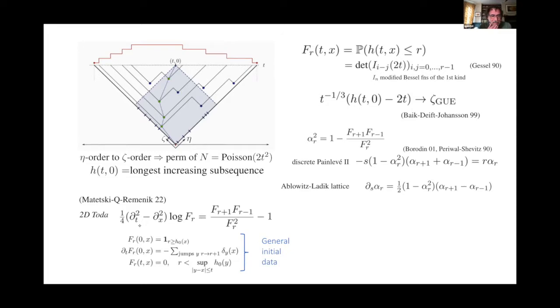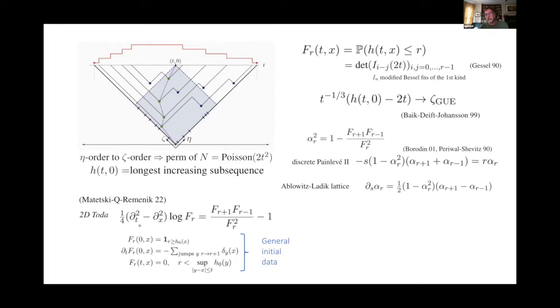Maybe I won't talk too much about the boundary conditions, except to note the obvious thing in the last line, which is that the deterministic part of the dynamics takes your initial function, forgetting about all the creations, into the sup over an interval of the initial function, clearly. And so for r less than that sup, it's clear that this 1-point distribution has to be 0.